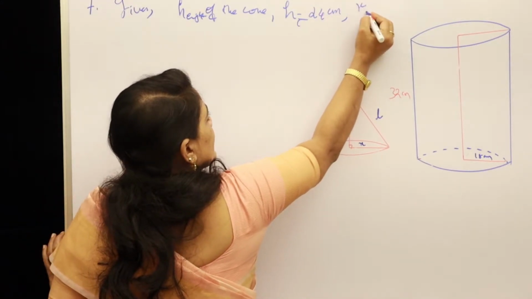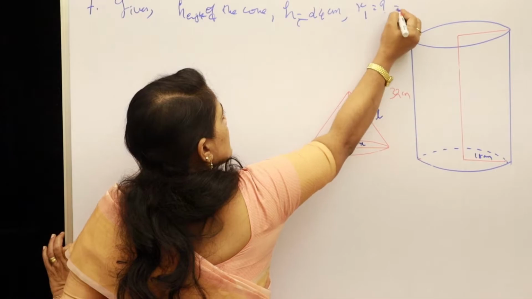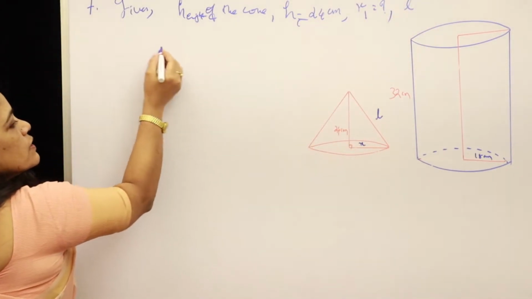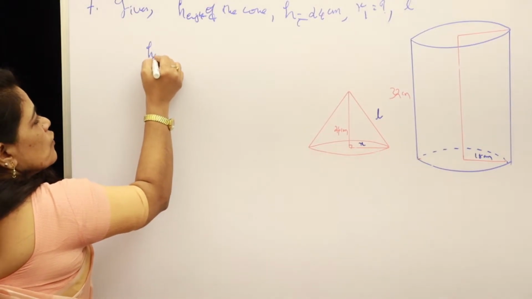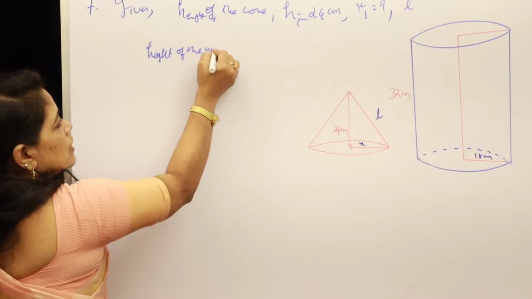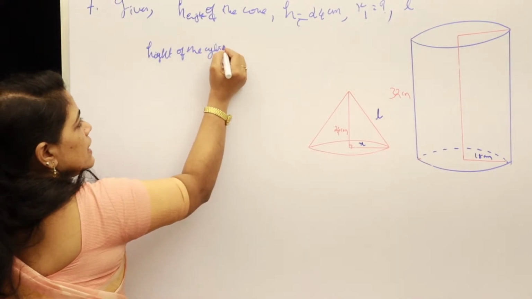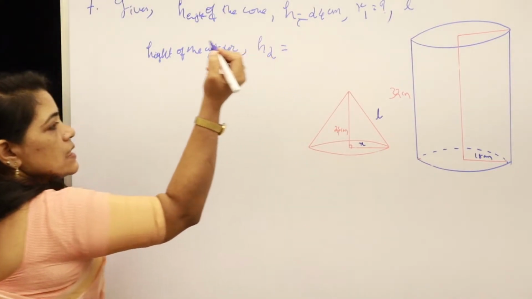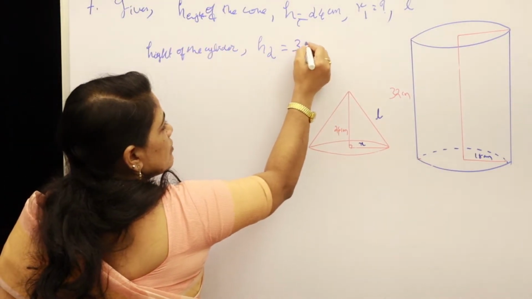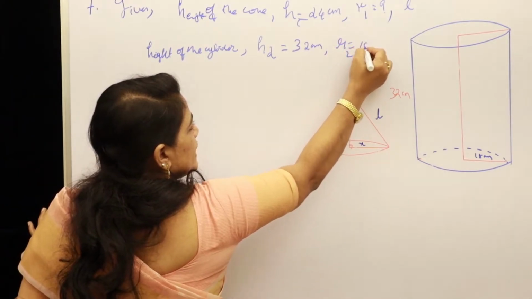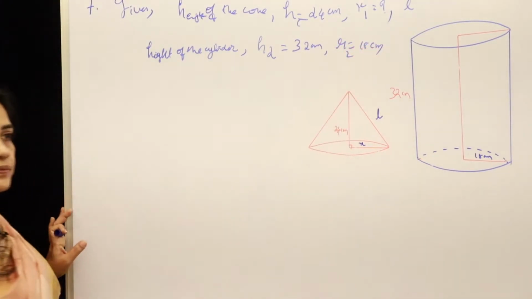We should get the radius as well as the slant height. Also the height of the cylinder or the bucket, we can represent with h2, and that is equal to 32 centimeter, and its radius is given as r2, 18 centimeter.